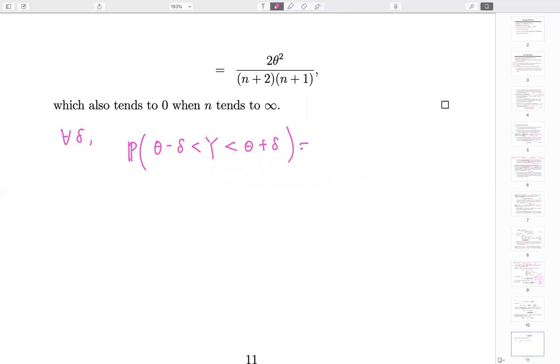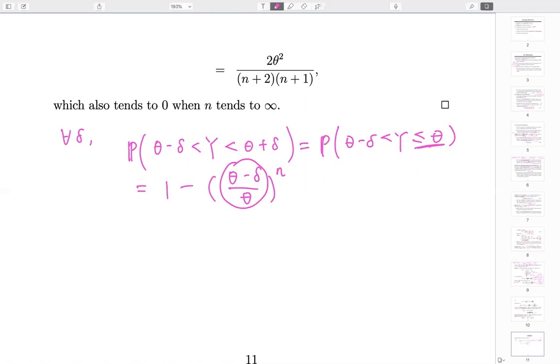First of all, the right-hand side we don't need to care about, because it's always truncated at theta. Y is always between 0 and theta, so the right-hand side is automatically satisfied. So we just need to do 1 minus this.